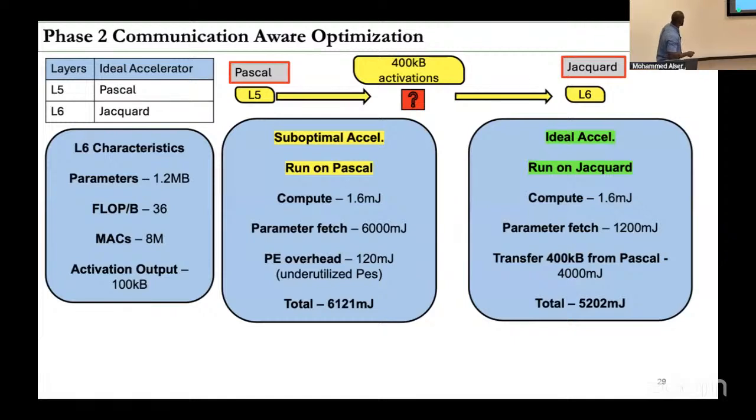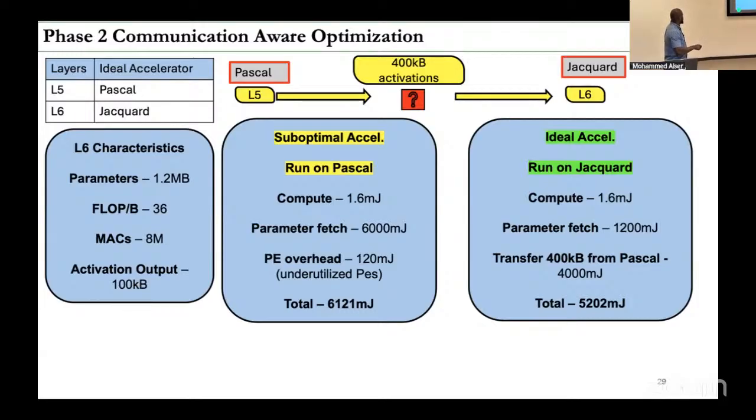But because of the huge parameters that this layer has, it will have to fetch the parameters, and it will use 6,000 millijoules of energy to fetch these parameters. And it will cost some processing elements overhead. But if you were to transfer it to the ideal accelerator, the transfer cost is just 4,000 millijoules.